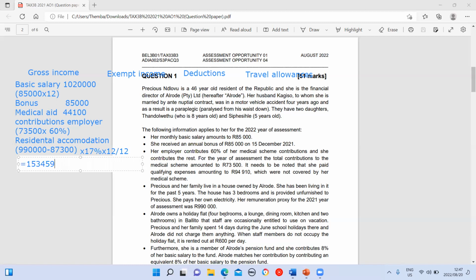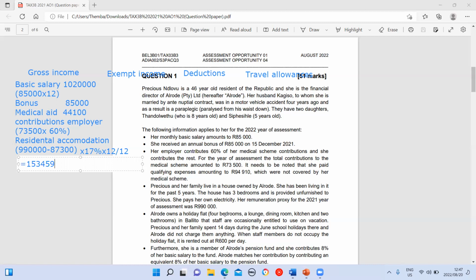Now let's move on. Alroad owns a holiday flat, 4 bedrooms, a lounge, dining room, kitchen, and 2 bedrooms. You see, they try to trick you sometimes. You don't really need to know the number of rooms here, because it's a holiday flat in substance, or as defined. It is not residential accommodation as defined. This is for holiday. Just to give you a clear distinction, residential accommodation is where you are ordinarily resident.